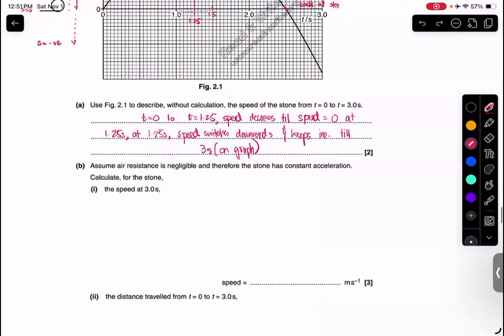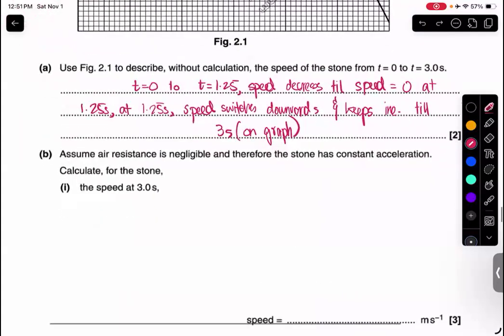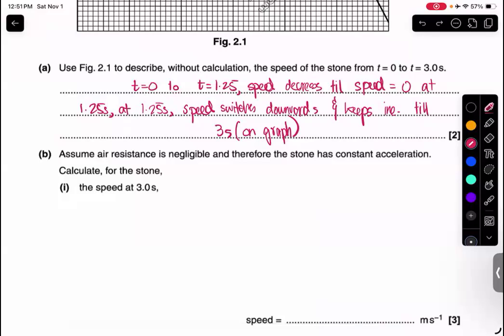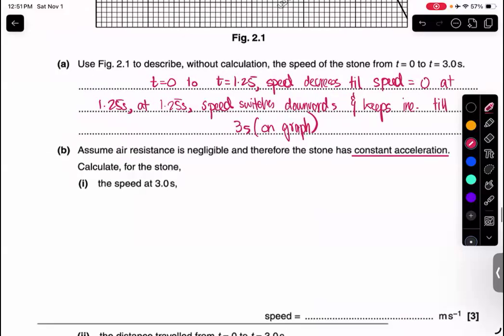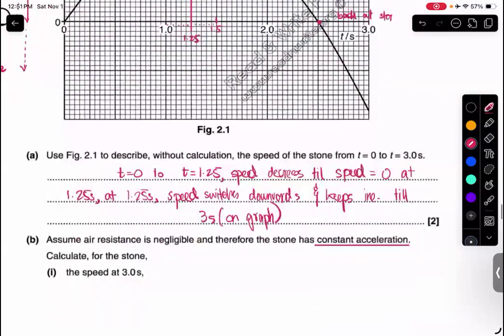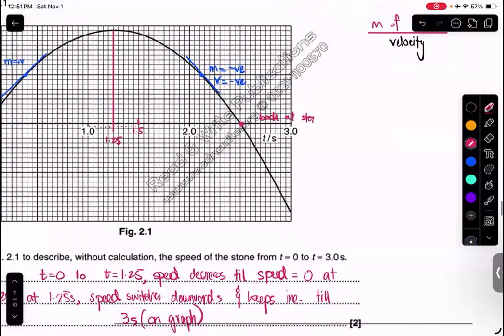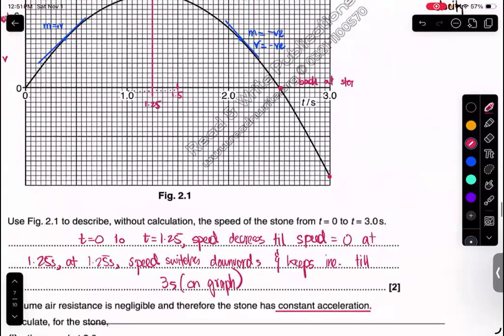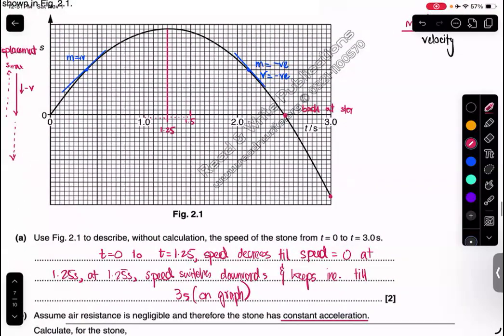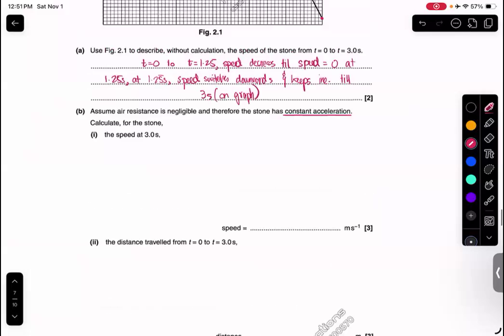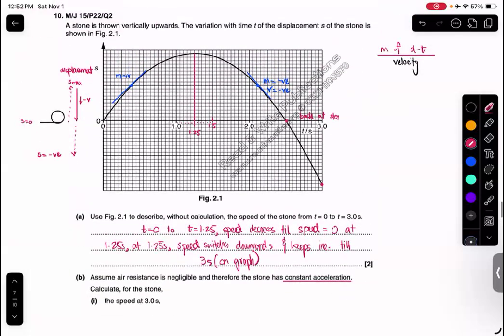Assume air resistance is negligible, and therefore the stone has constant acceleration. Calculate for the stone the speed at 3 seconds. That's a very difficult question. So they just want the speed at this time. How do you want to solve this?